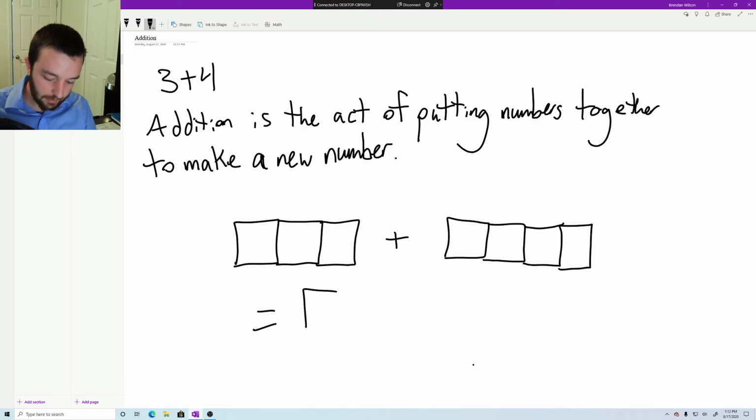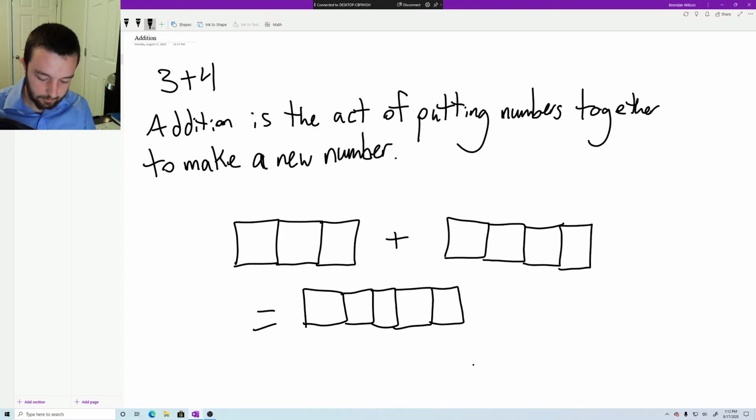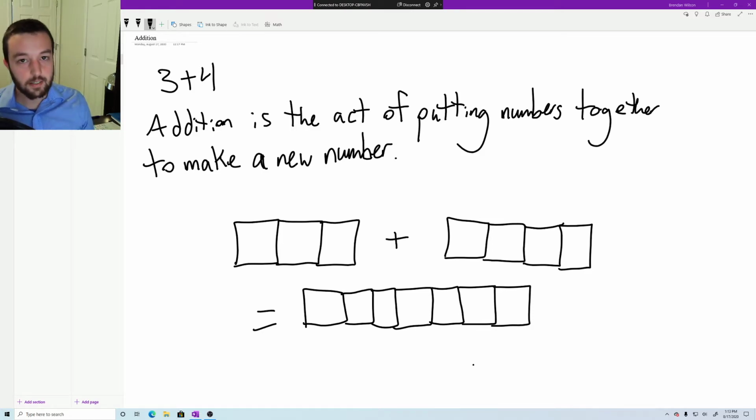So putting these together, literally just connecting them. So these 3 right here are these 3, and the other 4 are these 4. Now, how many do I have total? We go 1, 2, 3, 4, 5, 6, 7.